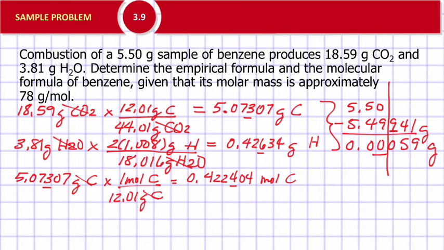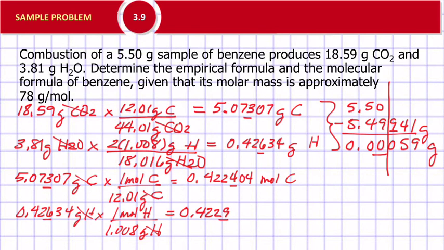And then a similar calculation with the hydrogen. 0.42634 grams of hydrogen times 1 mole of hydrogen divided by 1.008 grams of hydrogen. 0.42634 divided by 1.008 is 0.422956 moles.